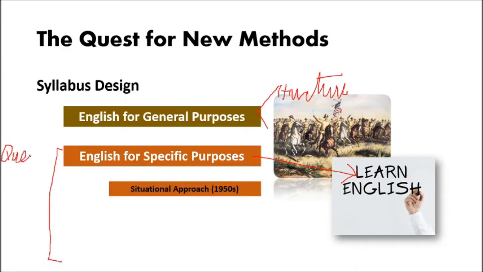This led to the situational approach, or the structural situational approach, or situational language teaching, which was the mainstream teaching method in British language teaching circles from the 1950s. It involved meaningful presentation of structures in contexts, through the use of situations to contextualize new teaching points according to its structural/grammatical syllabus.